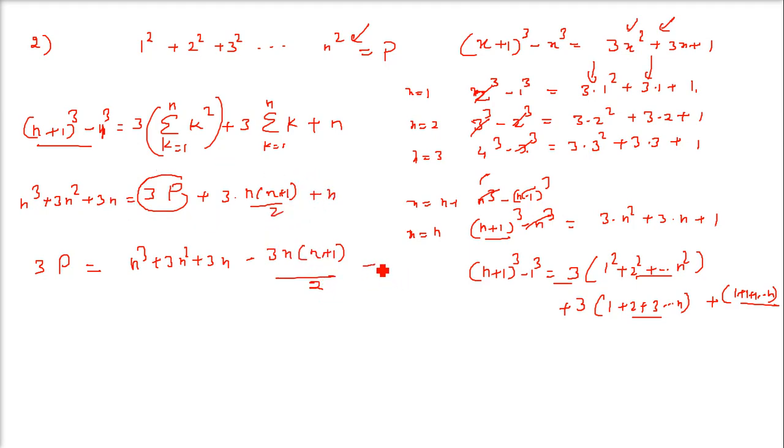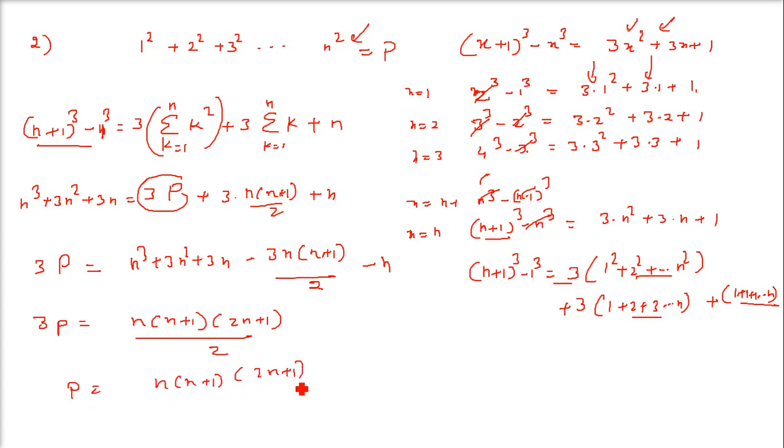I am taking that here as well. When we solve all these, we get 3p as n plus 1, 2n plus 1, by 2. So p equals n plus 1, 2n plus 1, by 6.